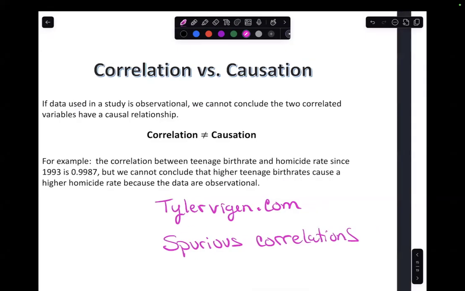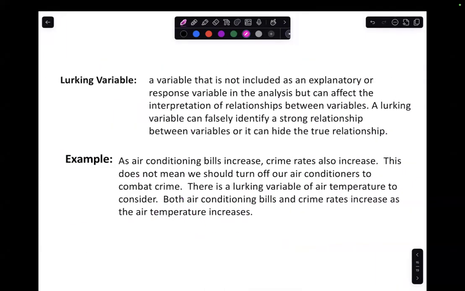All right. I'm moving on. So there's something called a lurking variable that you need to be aware of, and when you are doing your final project, I know I keep mentioning this. A lurking variable is a variable that is not included in your explanatory or your response variable, but it affects both things. You can think that there's a strong relationship between two things because one variable affects both of them, making it look like those two things are connected.